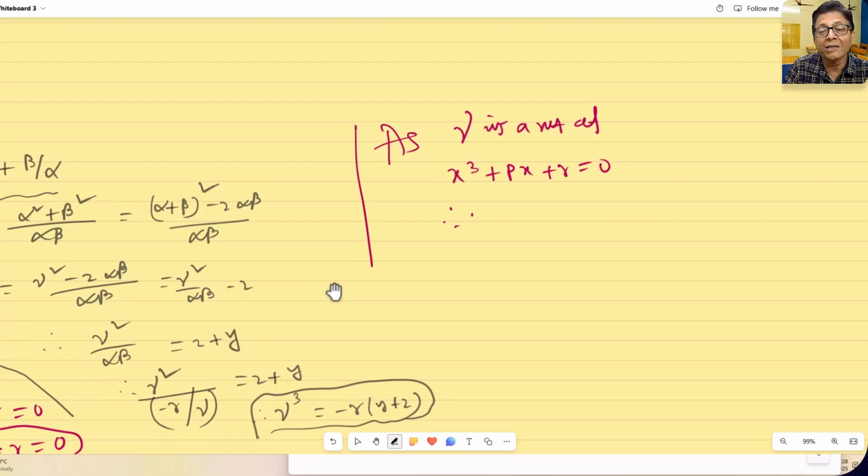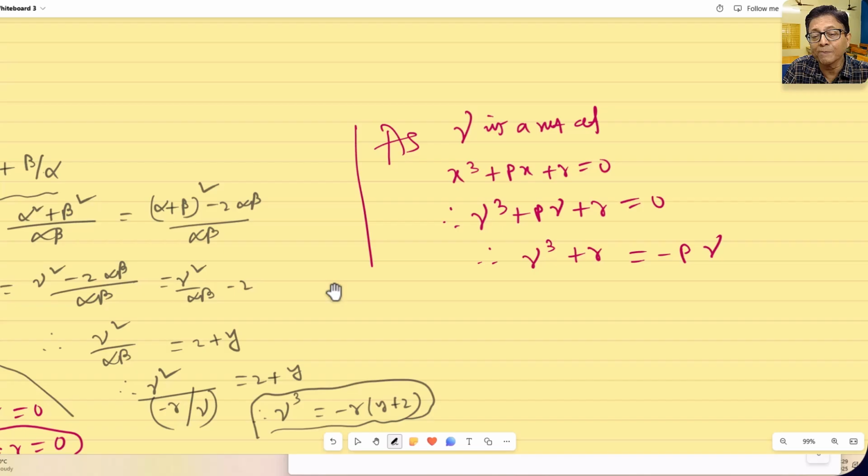So we get gamma cube plus p gamma plus r equal to 0. So gamma cube plus r equal to minus p gamma. I need to remove gamma. Gamma cube is there, we can easily put, but here no.